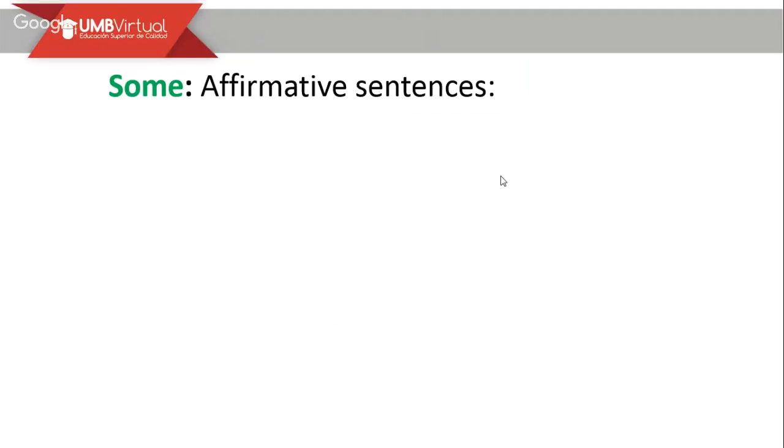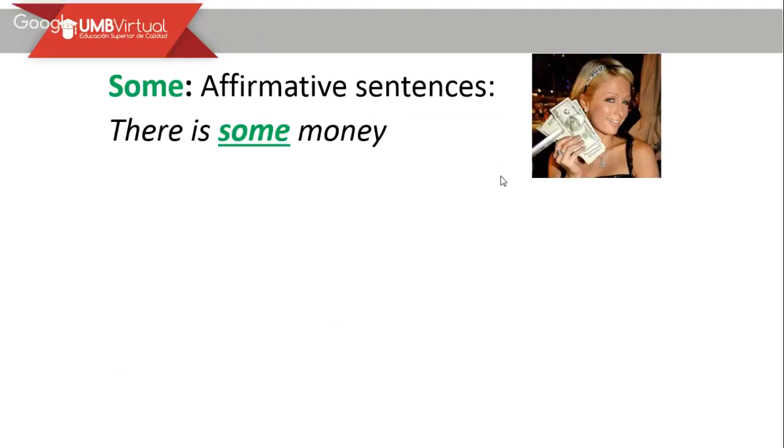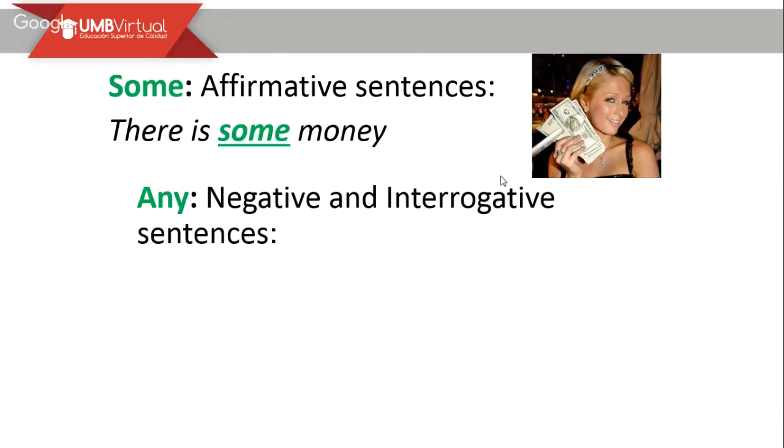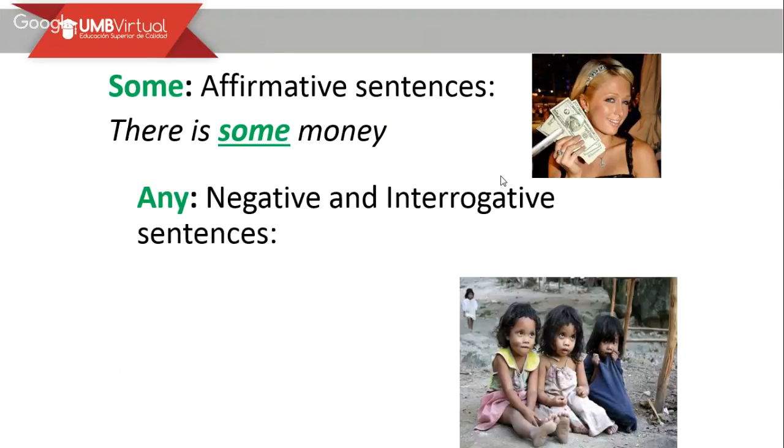Perfect. Some in affirmative sentences. We have there is some money. Any in negative and interrogative sentences. Is there any money? Where can you see right here? What is the difference between those two pictures? In the first one, when we say there is some money, it's because you are referring that hay algo de dinero. We don't know, we're not sure what quantity it is, or we are just referring to the subject.